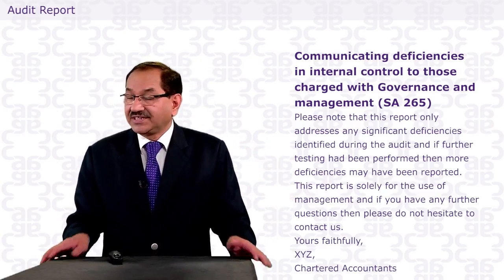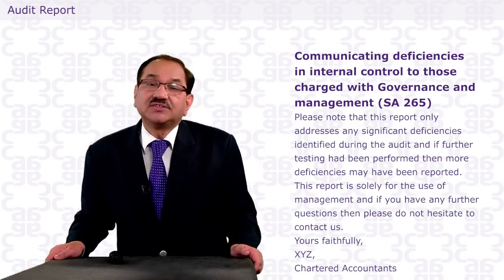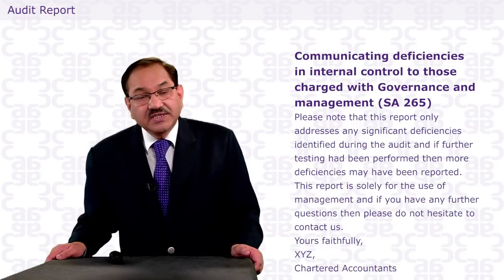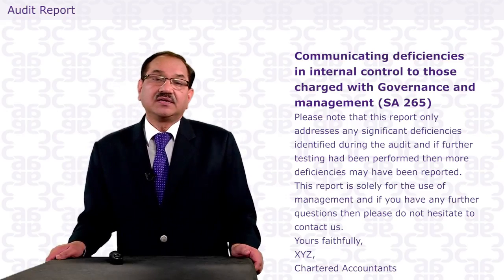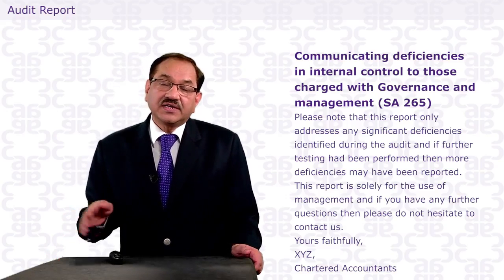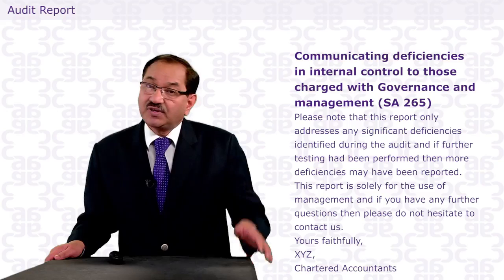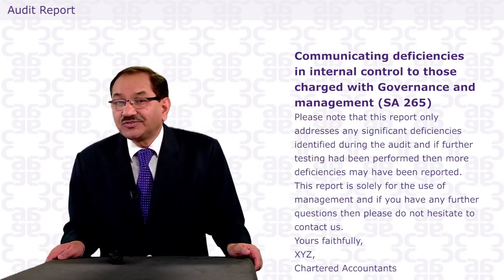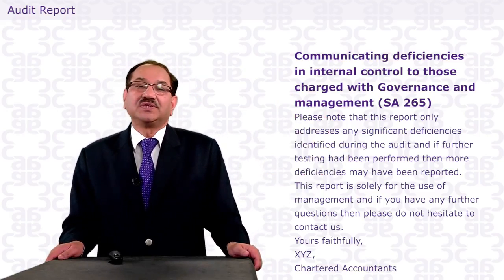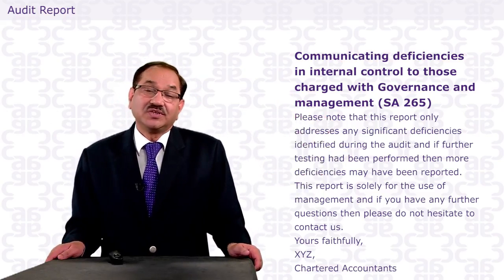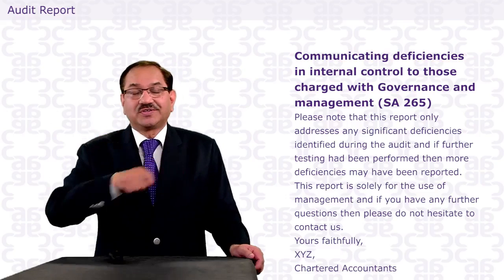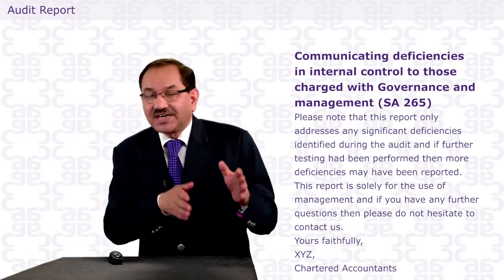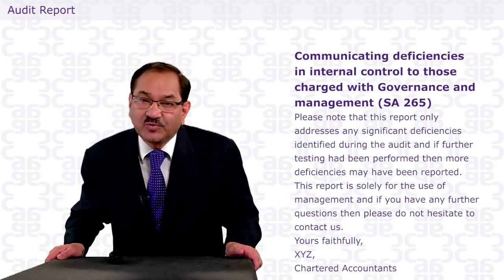But in the next year, when the new Companies Act becomes operative, from the accounting year starting from 1st April 2014, which will end on 31st March 2015, the auditor has to report on the effectiveness of the internal control also in his main audit report. Perhaps at that time, this standard, SA 265, will be modified.